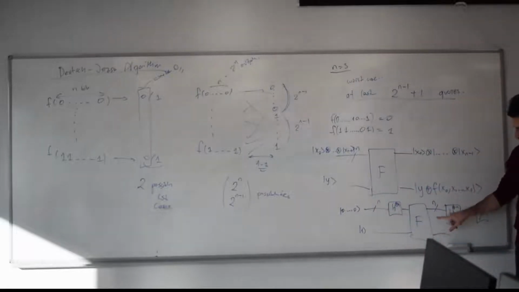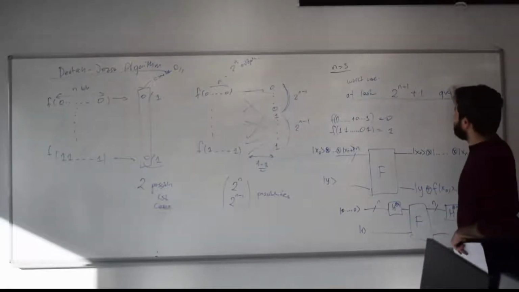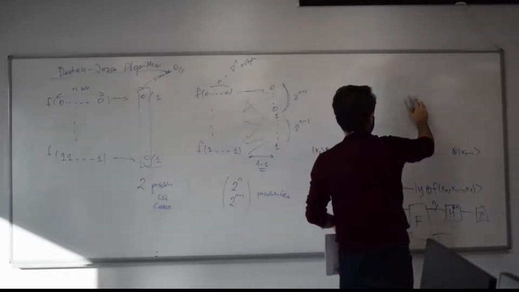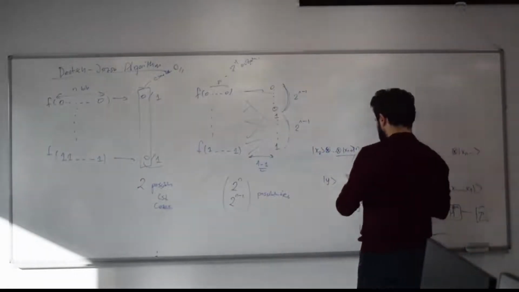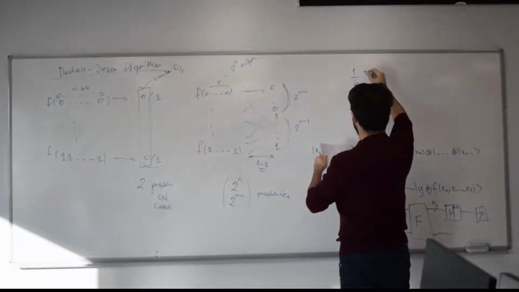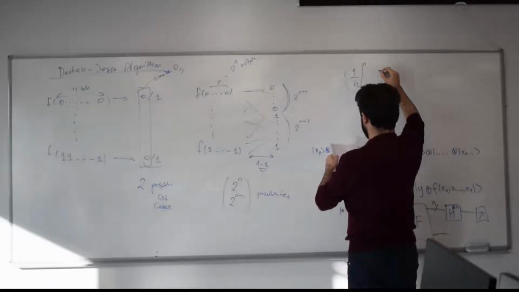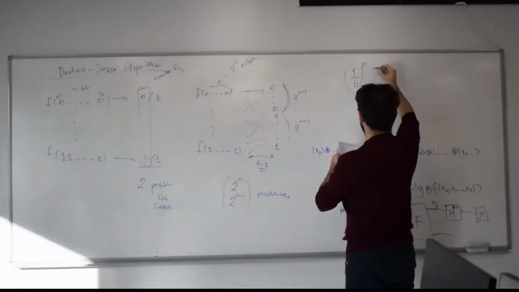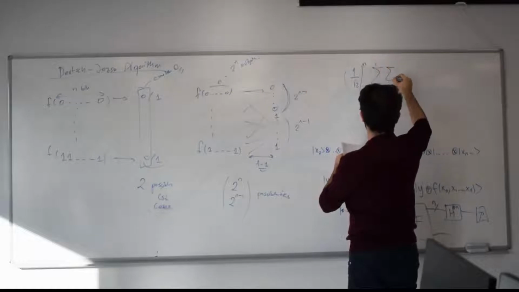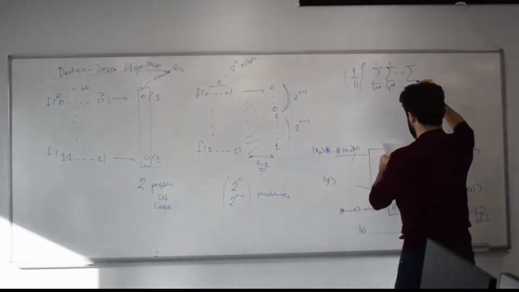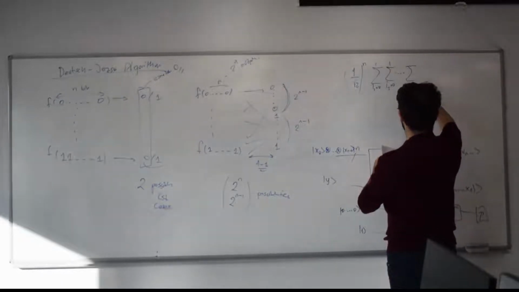These qubits are unentangled, and let me just write it down here to show you the result directly. The result is in general 1 over 2 to the n, and then they're all sums. The sum starts from i1 equals 0 to 1, then another i2 from 0 to 1, and iN from 0 to 1.